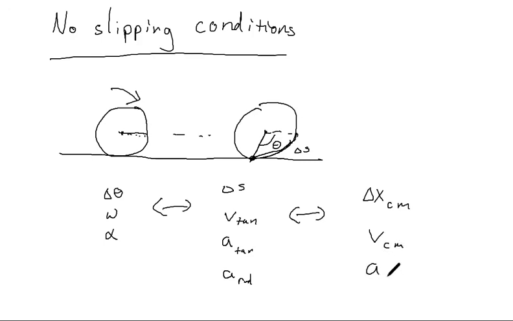What is the acceleration of the center of mass? In general, the relationship can be a little complicated between all these things. However, when we impose no slipping conditions, that really tightens things up, and there aren't quite as many kinematic variables as you might imagine.